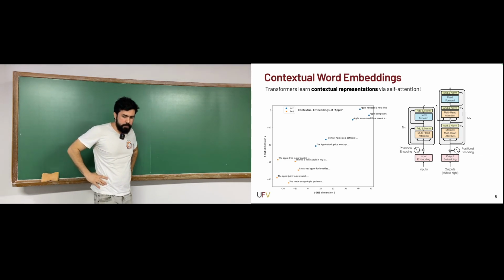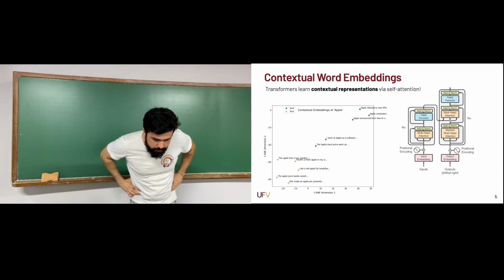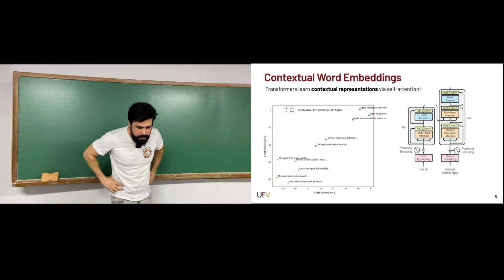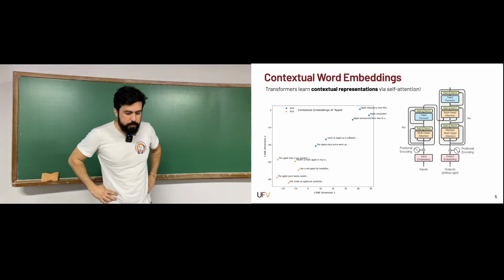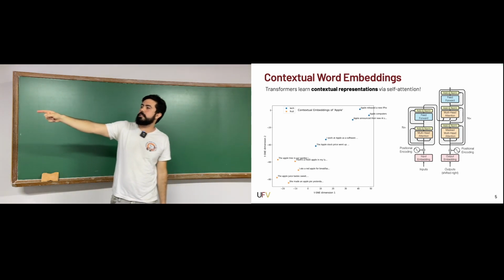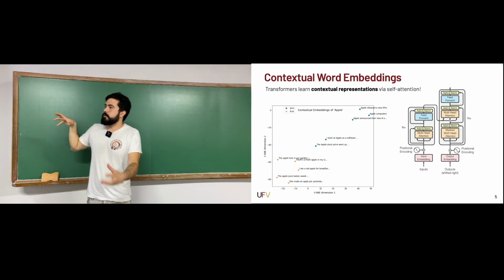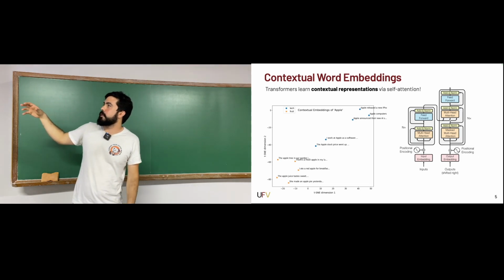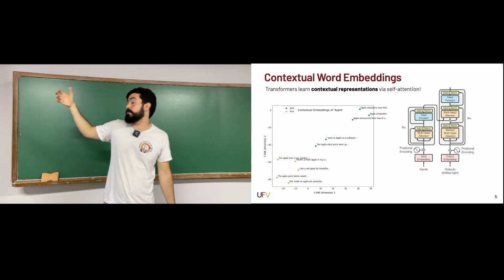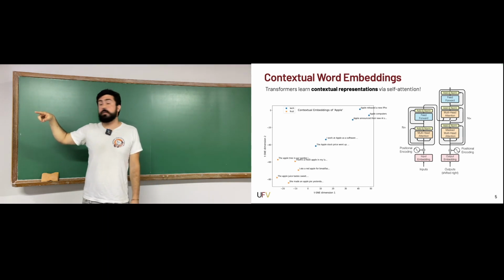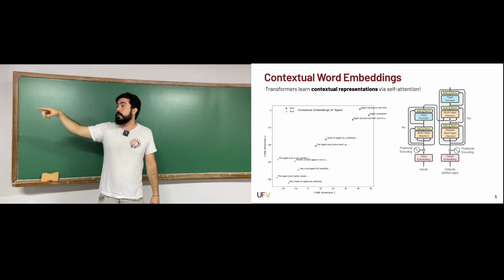So you have here, for example, the apple tree is in our garden, there is a fresh apple in my, I ate a red apple for breakfast. So you see that in all the sentences where apple is a fruit, this embedding, which I'm calling the contextual embedding, and was extracted by BERT in this case, so this is a real example.